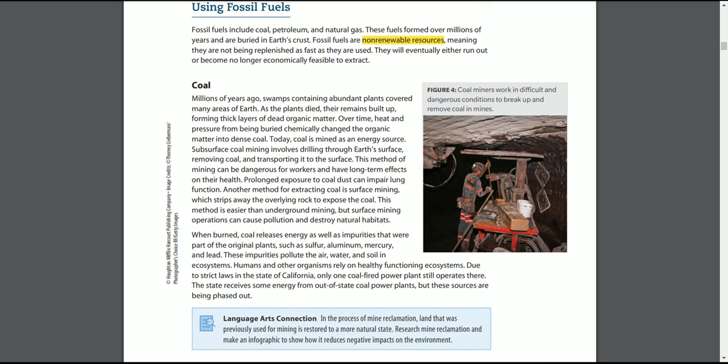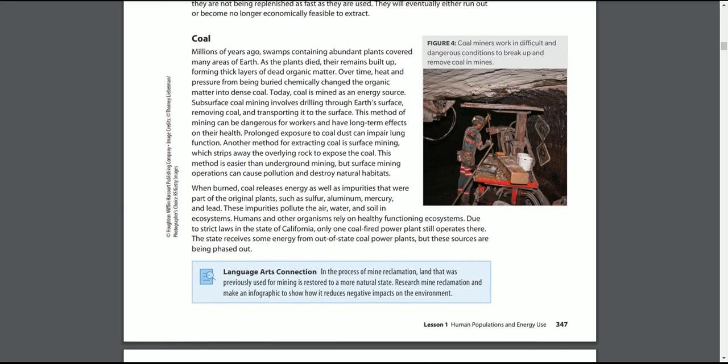It can also create pollution from acid runoff, which leads into standard C as well. And when it's burned, it releases not only carbon dioxide, but other impurities. There's actually a lot of coal which the United States government does not allow people to burn because it's so dirty. But even the cleaner coal is still pretty dirty.